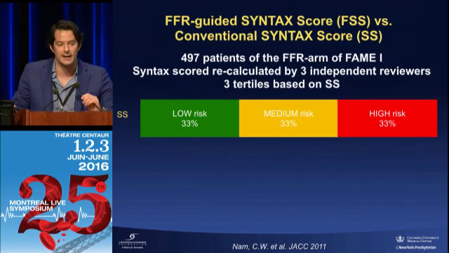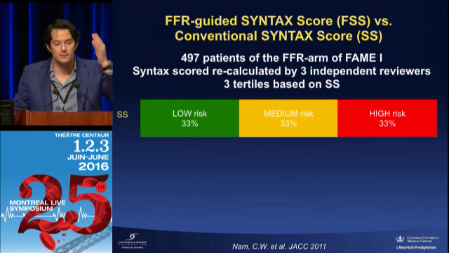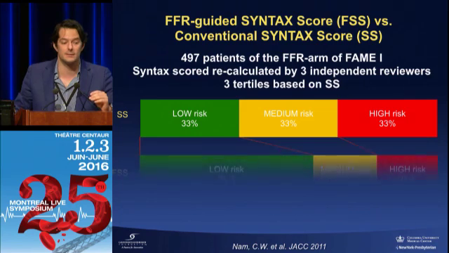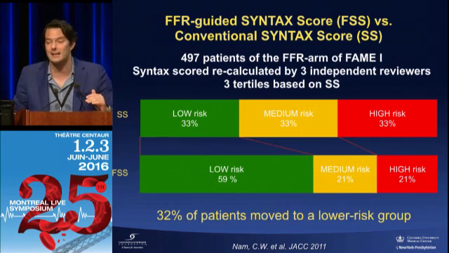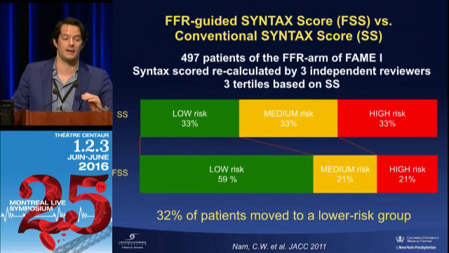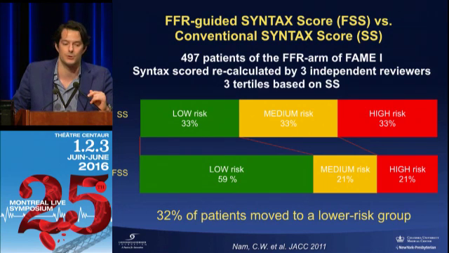And I show this slide again, but in the FFR-guided SYNTAX score, 33% of the patients classified by the SYNTAX score based only on the anatomy were reclassified. And the low-risk patients grew from 30 to 60%, and the high-risk decreased from 30 to 20%.